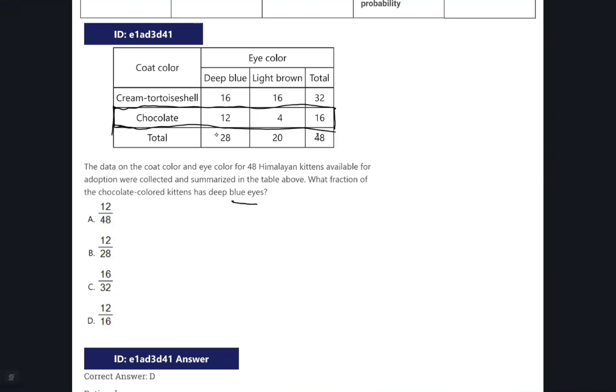Okay, so the total number of chocolate kittens with deep blue eyes is 12. And if we take into consideration whether they are light brown or deep blue, the total number of chocolate colored kittens is 16. So we have 12 out of 16.